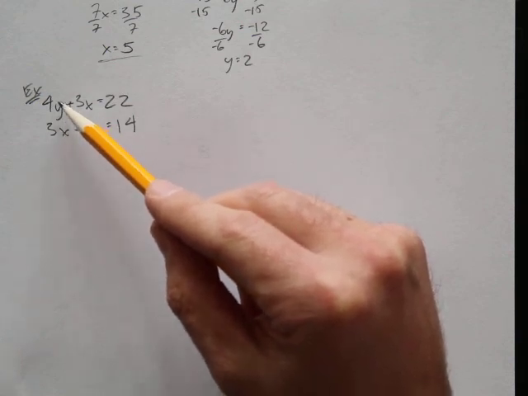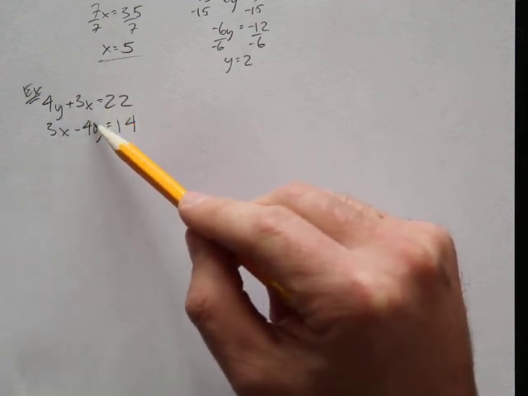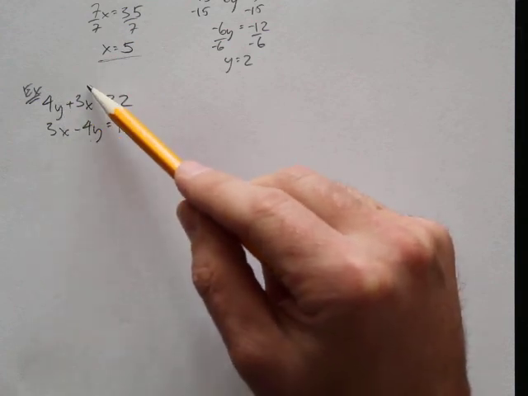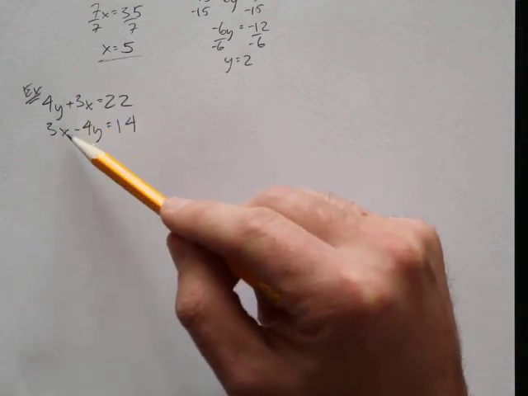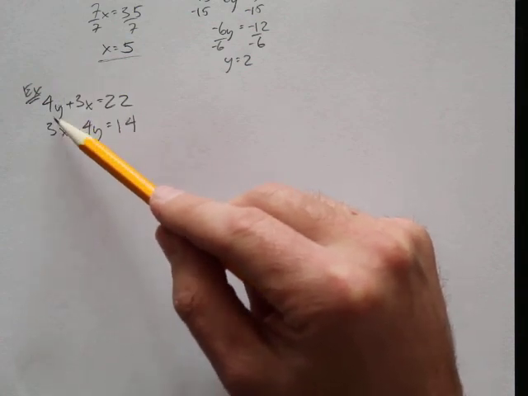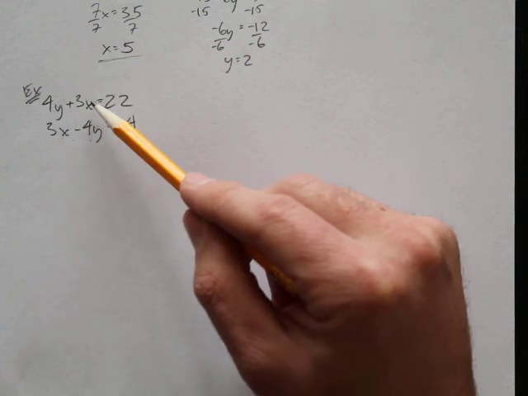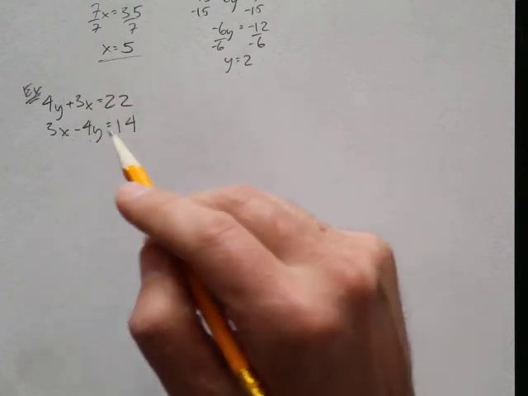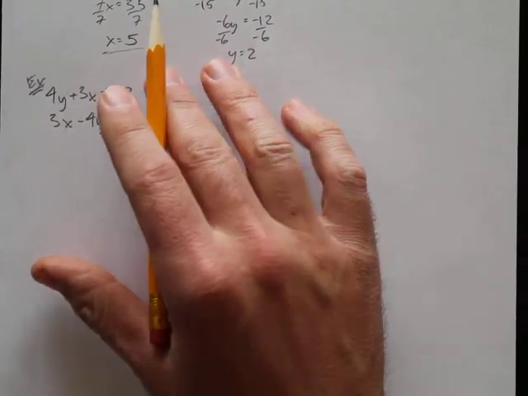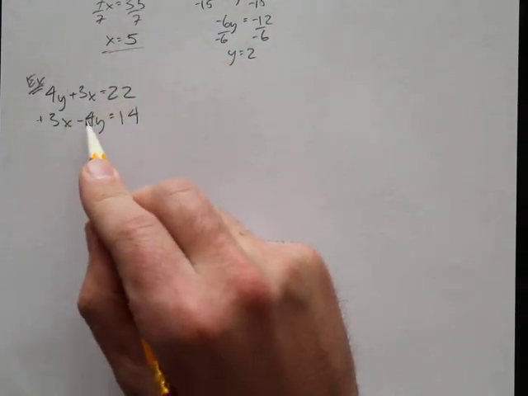And that is, notice how I've got y over x here and x over y here. I want these to be lined up, x's on one side, y's on the other. I can't subtract y and x. I've got to have y and y, x and x. So I'm just going to switch these. This is a positive 3x, and this is a negative 4y.